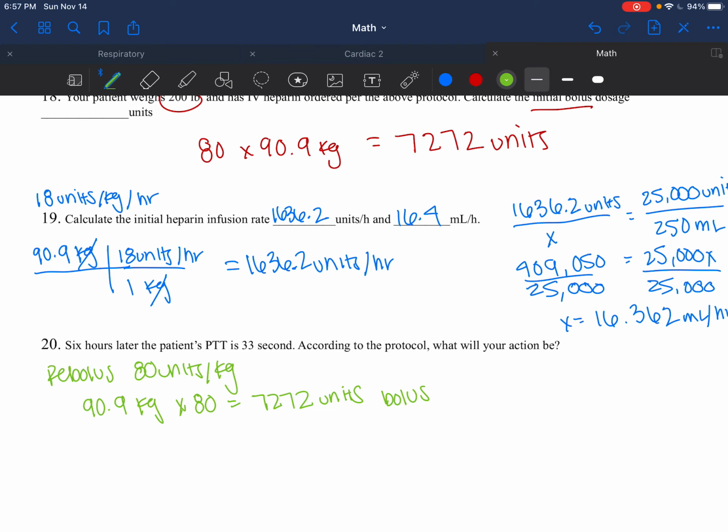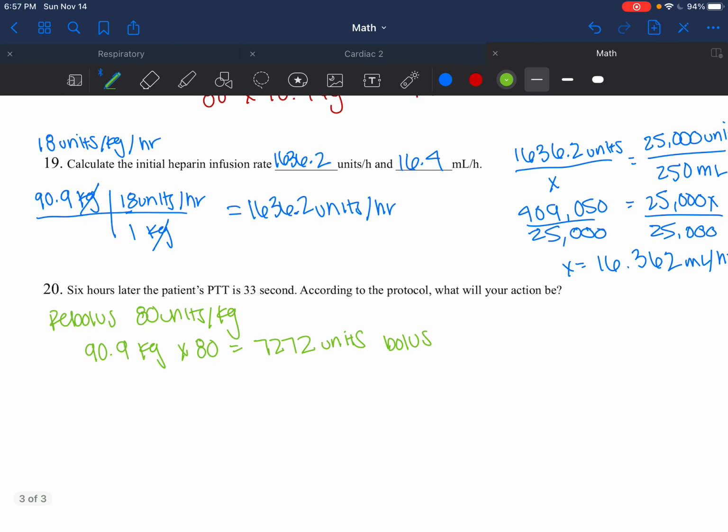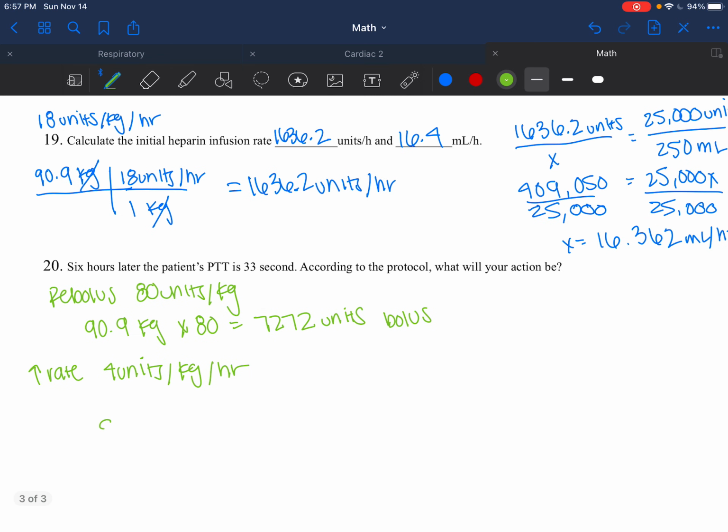Our next action is going to be to increase the rate by 4 units per kilogram per hour. In order to do that, we first start out with our weight: 90.9 kilograms.